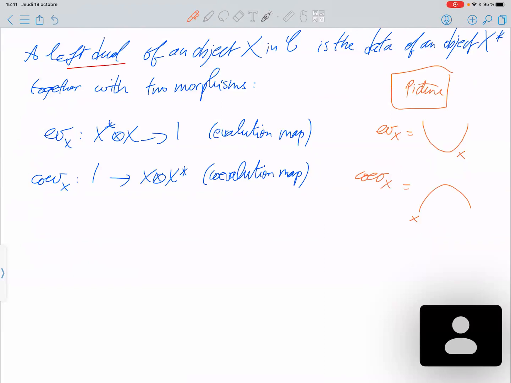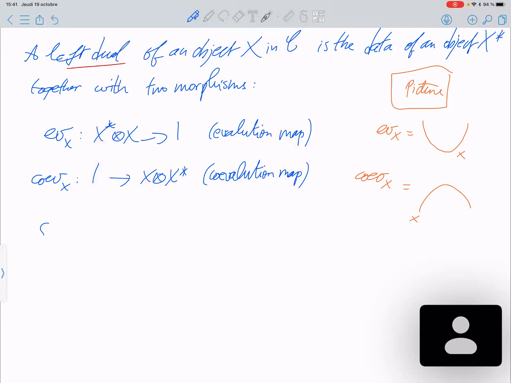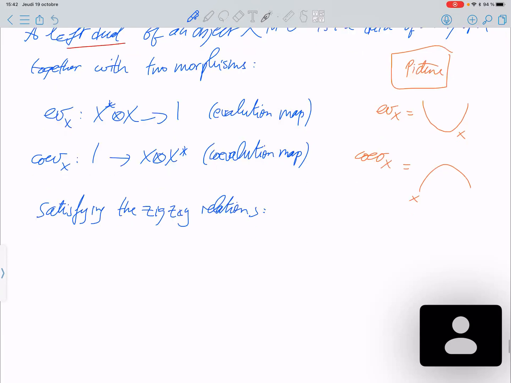You can safely replace evaluation and co-evaluation, because in this definition, the co-evaluation and evaluation maps should satisfy an axiom called the zigzag relation, which is precisely satisfied by the picture, satisfying the zigzag up to isotopy as follows.